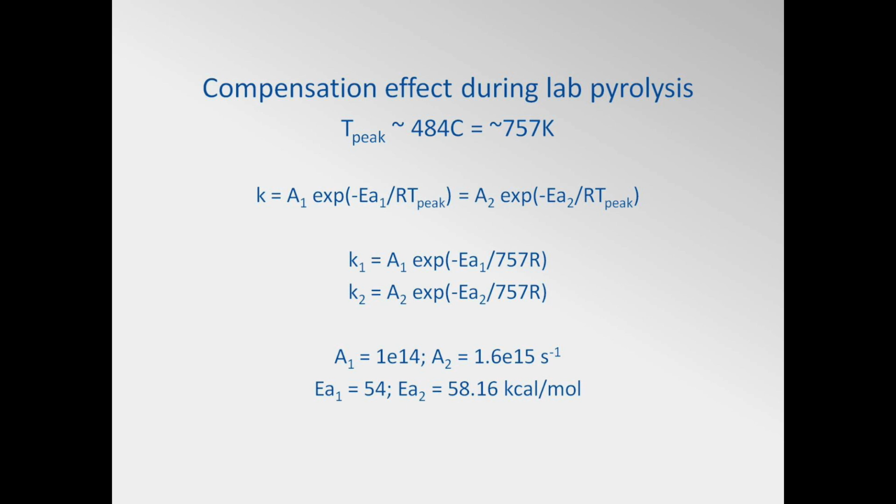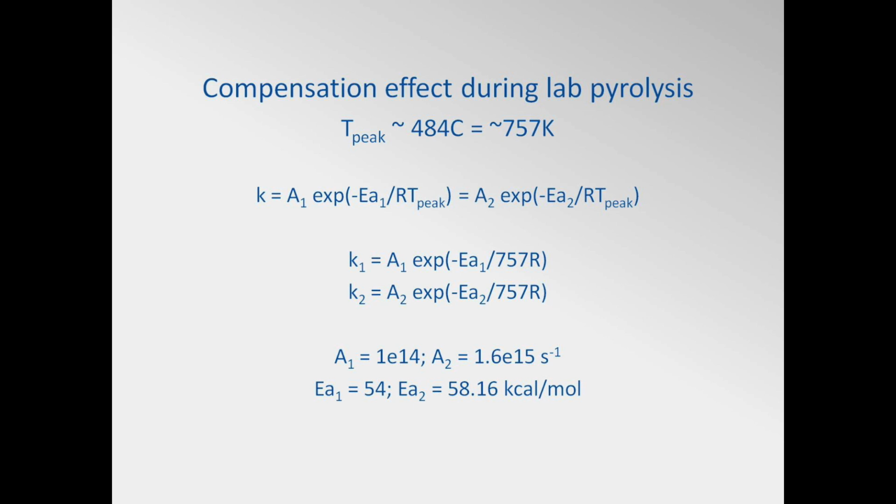And we assume that the original A factor, A1, is 1E14, and A2, the alternative A factor, is 16 times as great, 1.6E15.